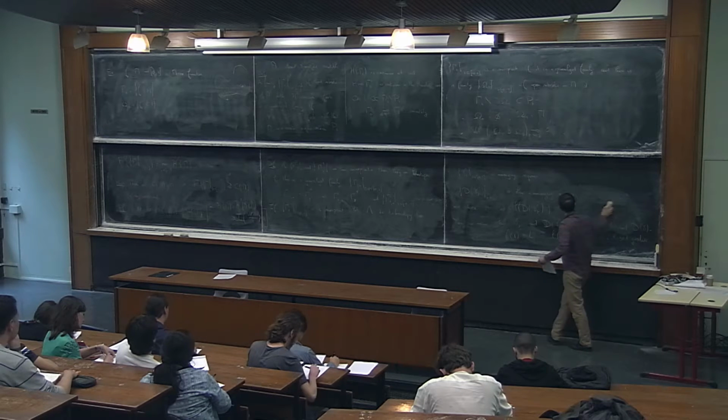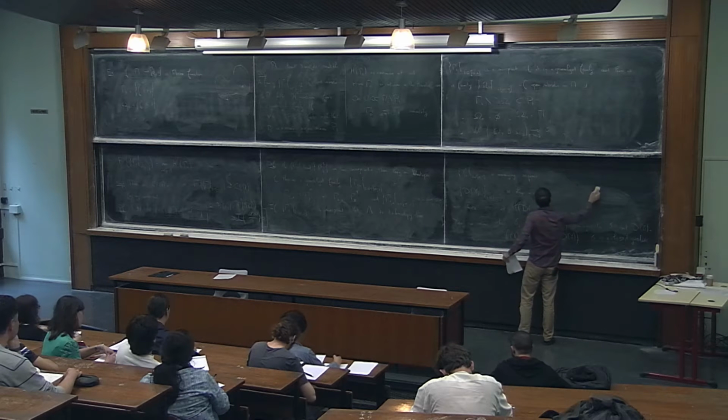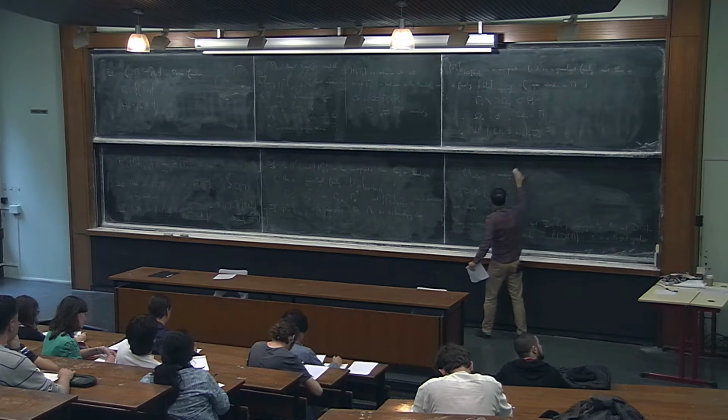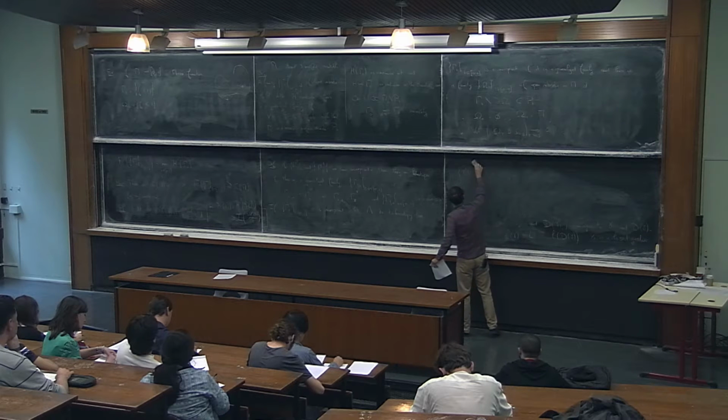So you have a loop in your space of surfaces. You look at the homotopy class of this loop.